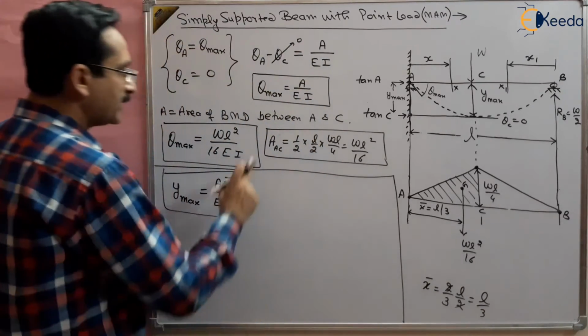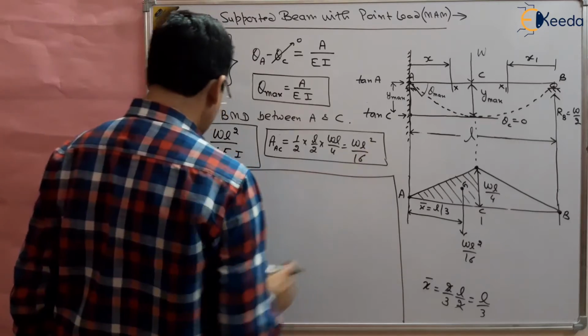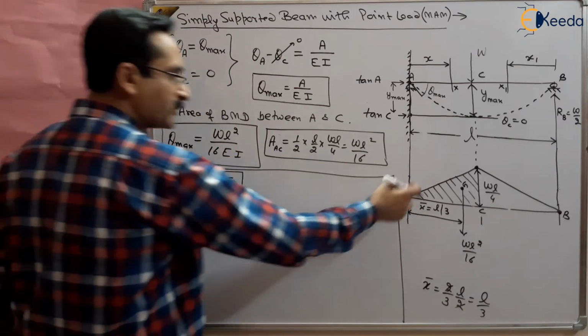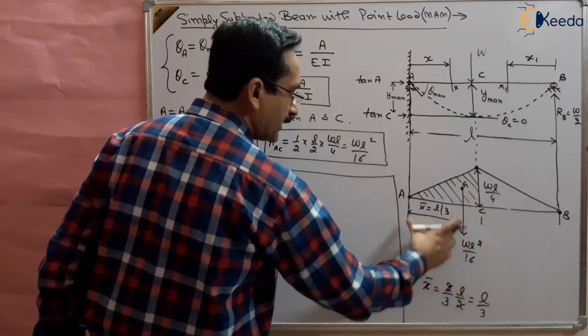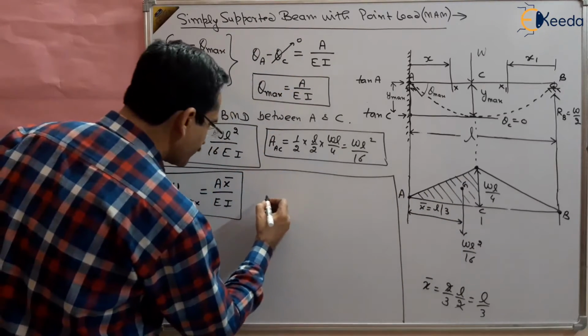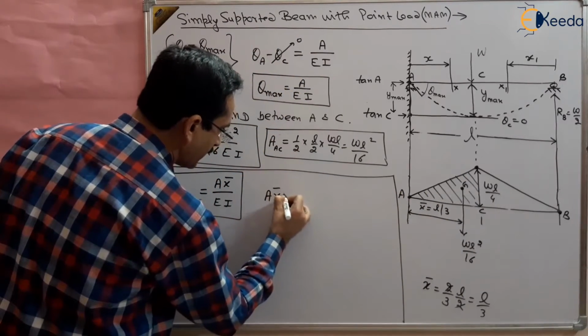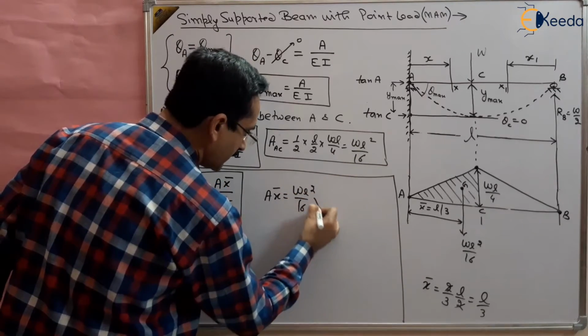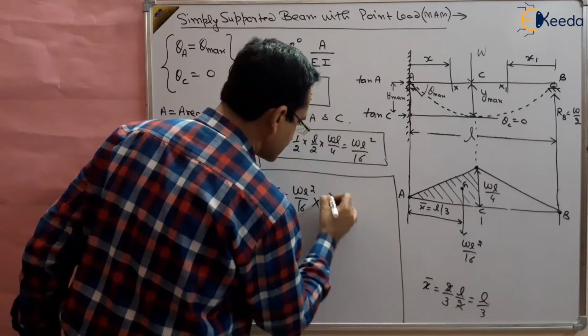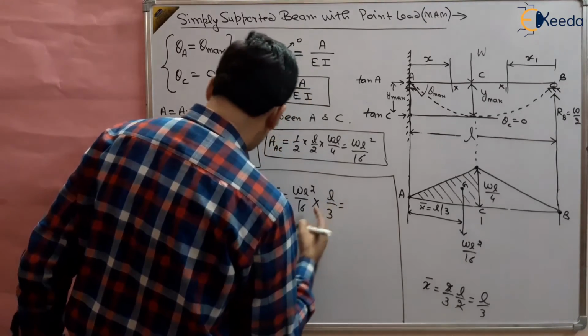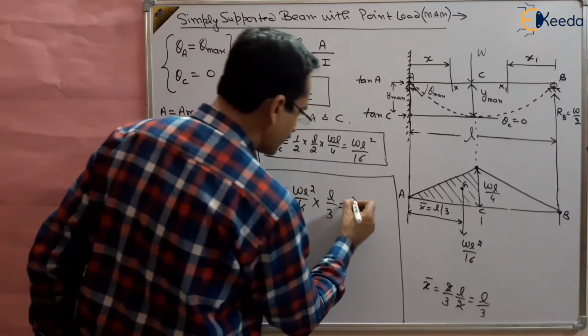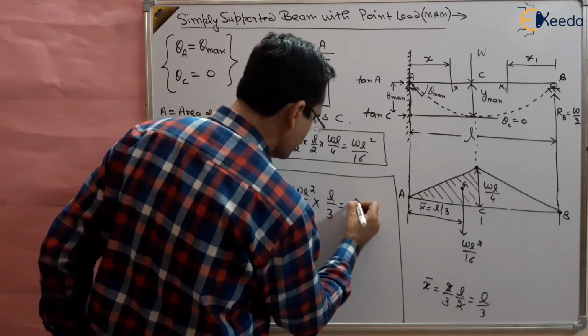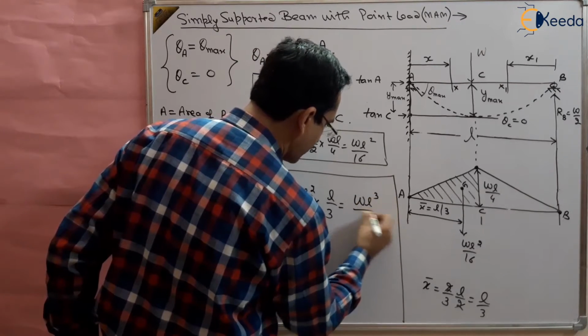We know now that the area is WL square by 16. So we can take the moment of area about this reference line as area multiplied by this distance, right? So A x bar will be given by the area WL square by 16 multiplied by x bar, which is L by 3. So this will come out to be WL cube by 48.